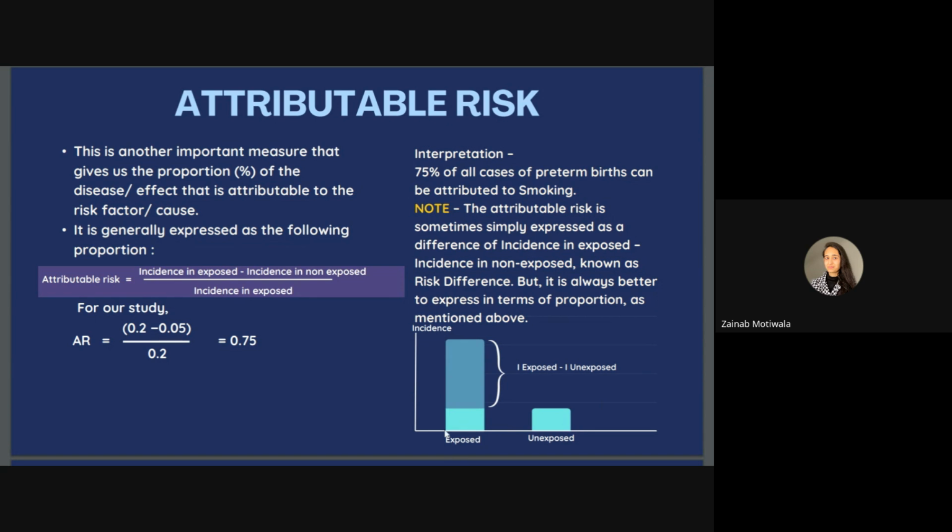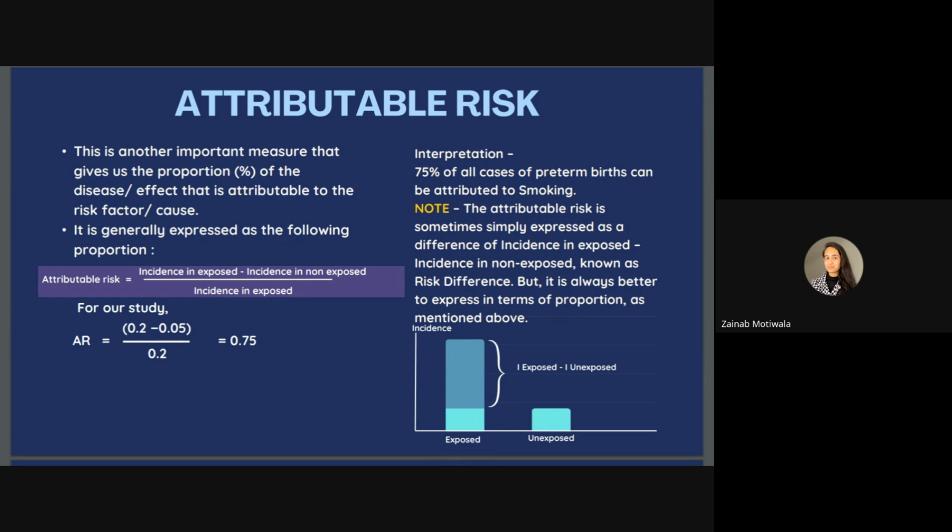So this is the proportion that is exposed minus unexposed, divided by the entire incidence of the exposed population. That would give us the attributable risk, that is the percentage of the disease that is attributed to a particular risk factor.